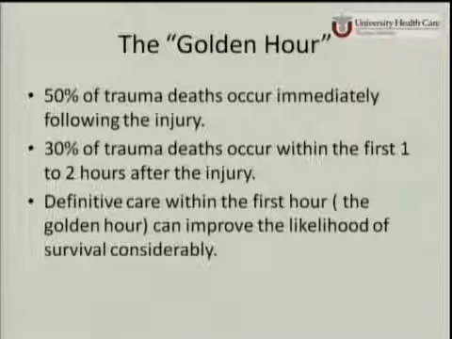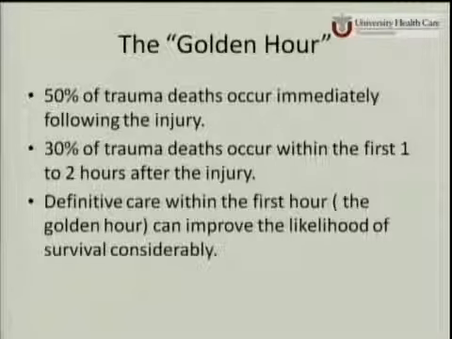Another 30% of trauma deaths occur within the first 1 to 2 hours after the injury. So these are people that we can make a big impact on if we can get there soon enough, begin our treatments, and then hopefully get them to definitive care. The golden hour basically states that we want to, if at all possible, get our patients to the highest level of definitive care that we can within the first hour.